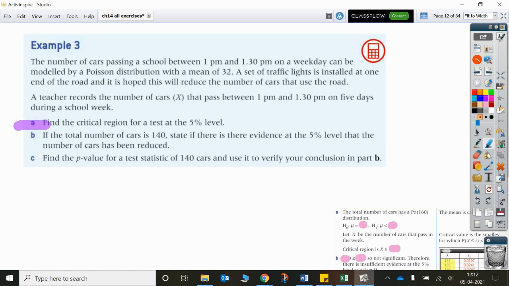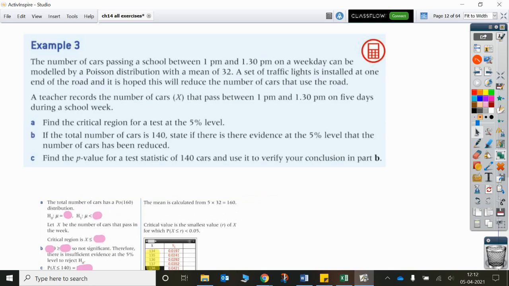So it goes straight into the question here: find a critical region for a test at the 5% level. Now, you always start by writing down what your hypotheses are. So what are your hypotheses here? Well, we've got x, which is what they're defining this variable to be, should follow a Poisson distribution with a parameter, or a mean, or lambda, or alpha of 160.